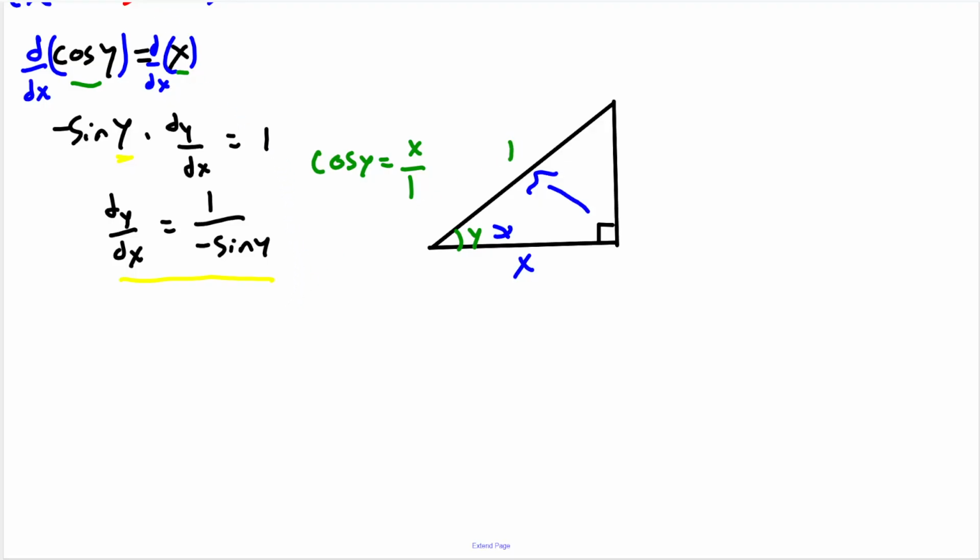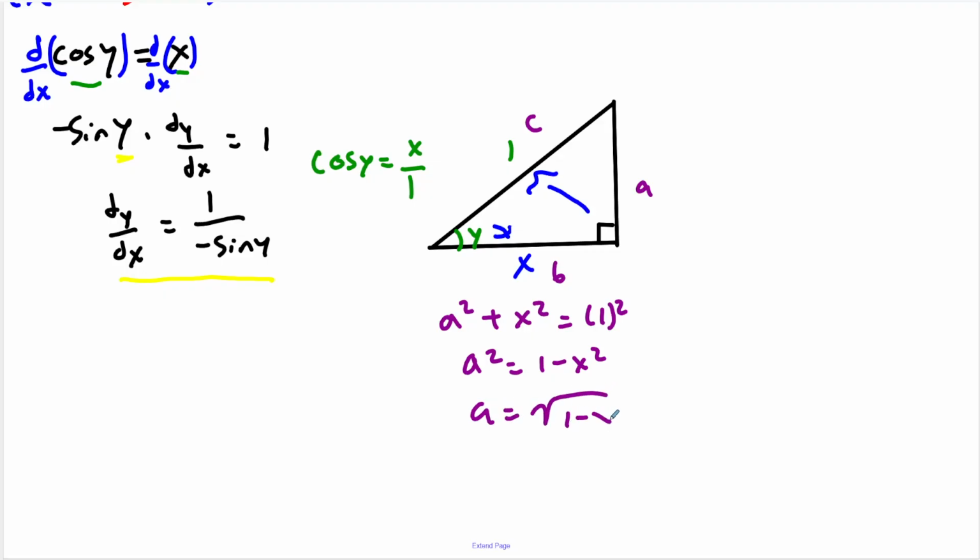So Pythagorean theorem, I'm going to say that this is A, this is B, this is C. So we can say A squared plus x squared equals 1 squared. I want to solve for A, so we get A squared equals 1 minus x squared. A equals the square root of 1 minus x squared. Okay, so I'm going to write that down. Square root of 1 minus x squared.